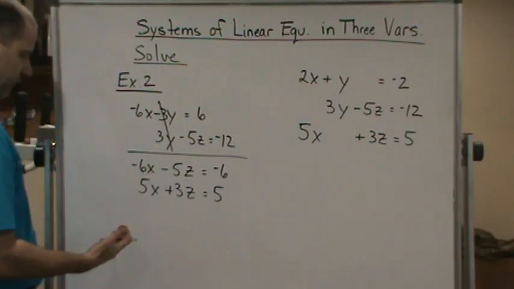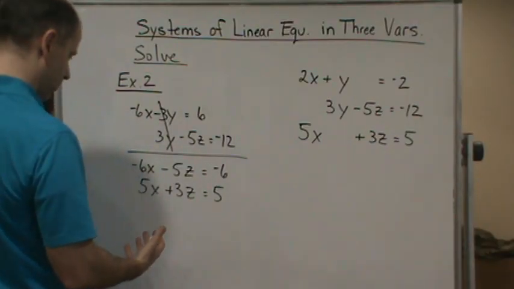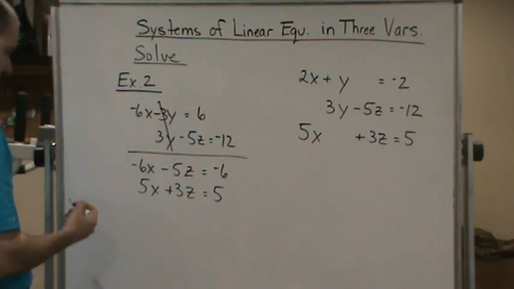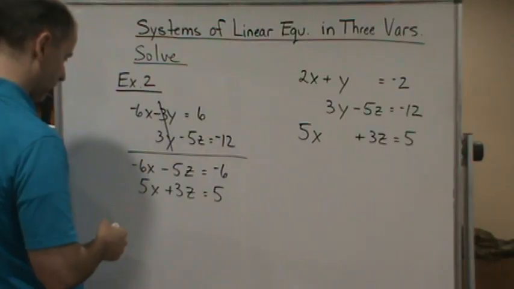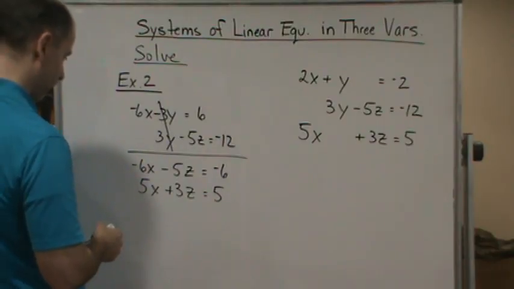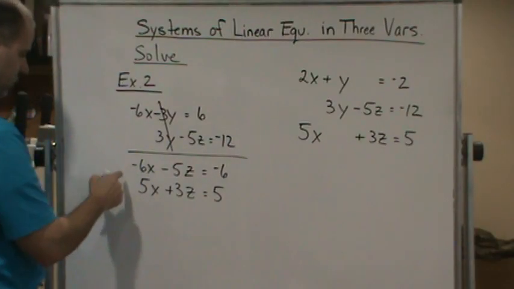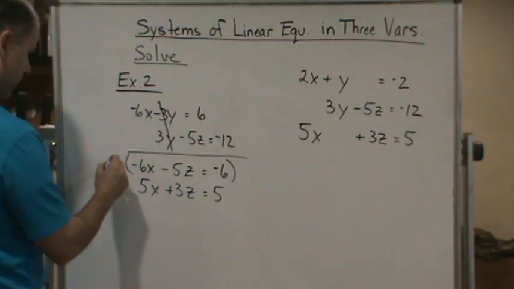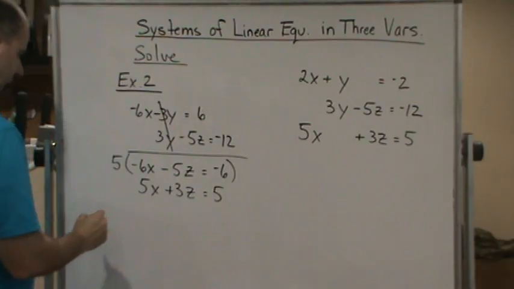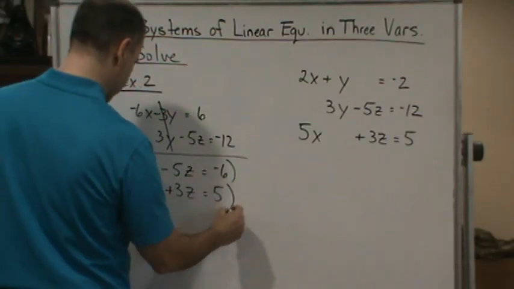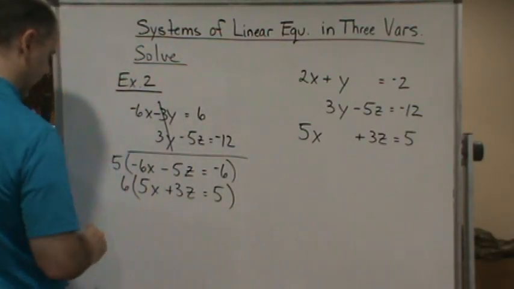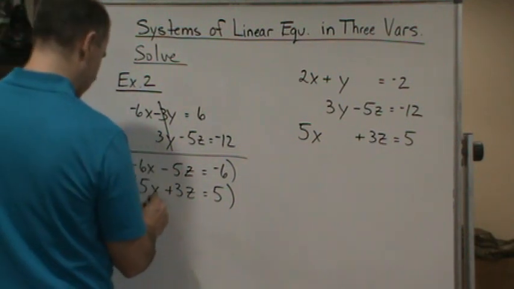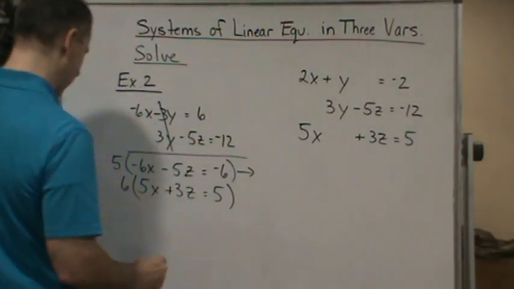And so now here, I've got to eliminate one of the variables. Okay? So again, I'm going to have to multiply both equations by a non-zero constant. So let's just do the first one. Doesn't matter which one. So let's multiply this by 5, right? And this one by 6. This one's already negative, so we could just do 5 and 6. And so this gives us what?